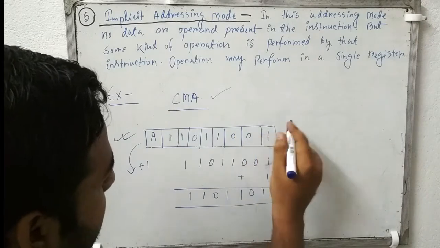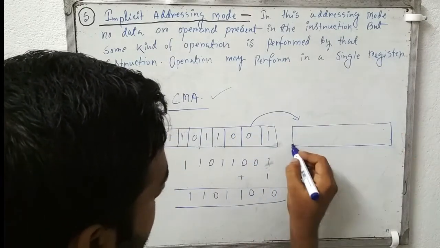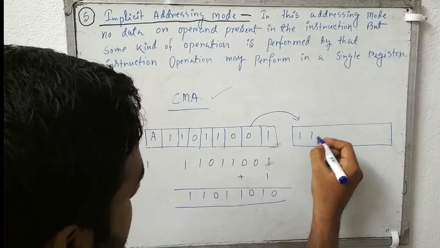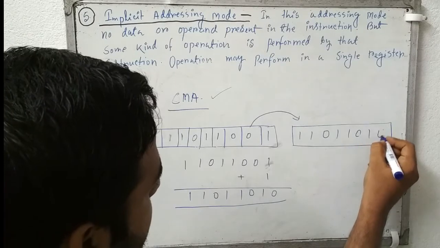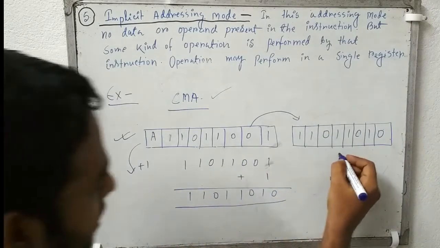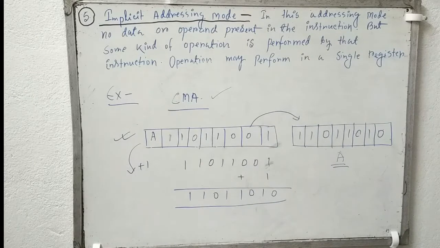So the new resultant data will be 1 1 0 1 1 0 1 0. This is the new accumulator value. So this is complement accumulator. That means this was a kind of implicit addressing mode.